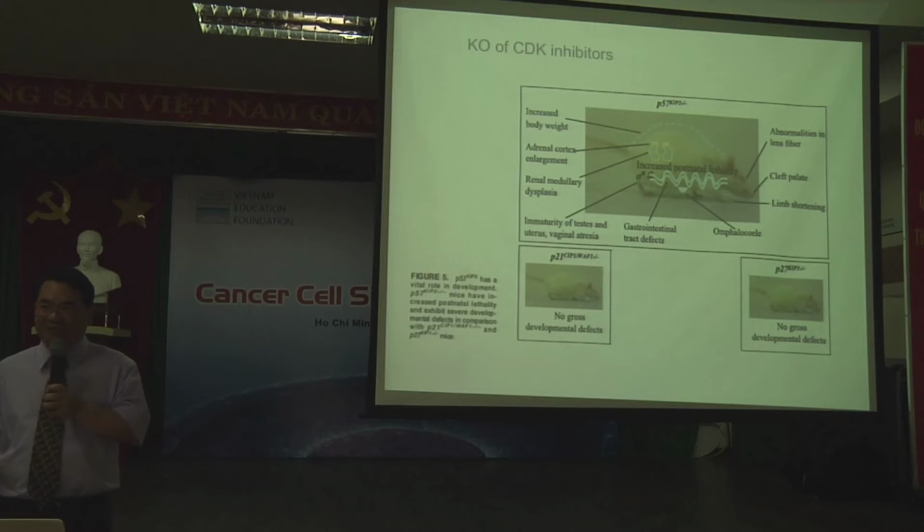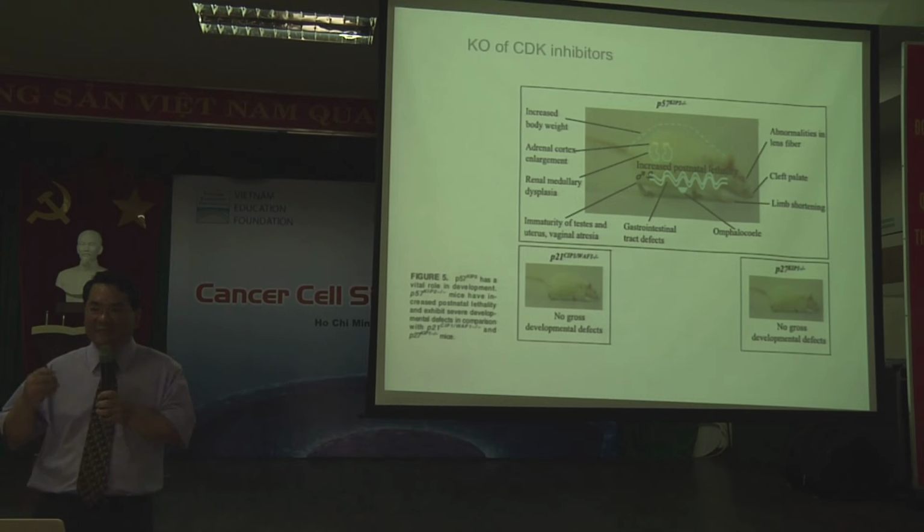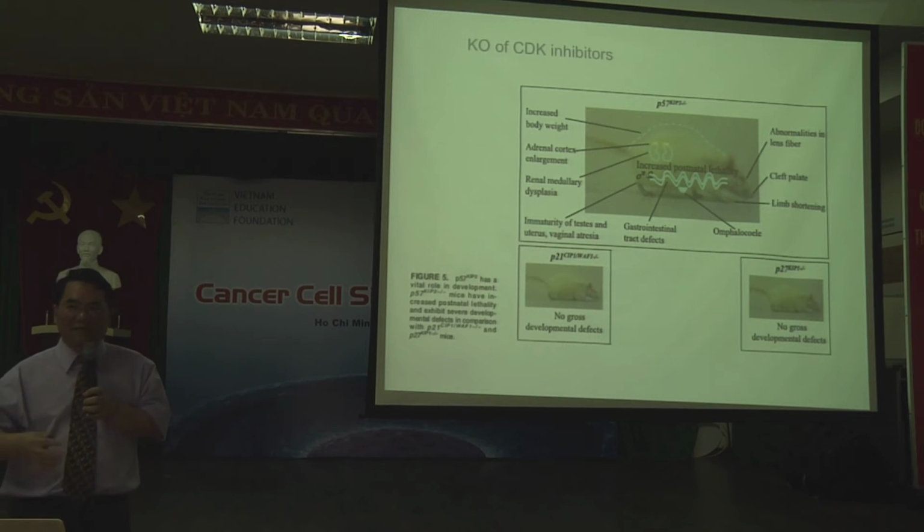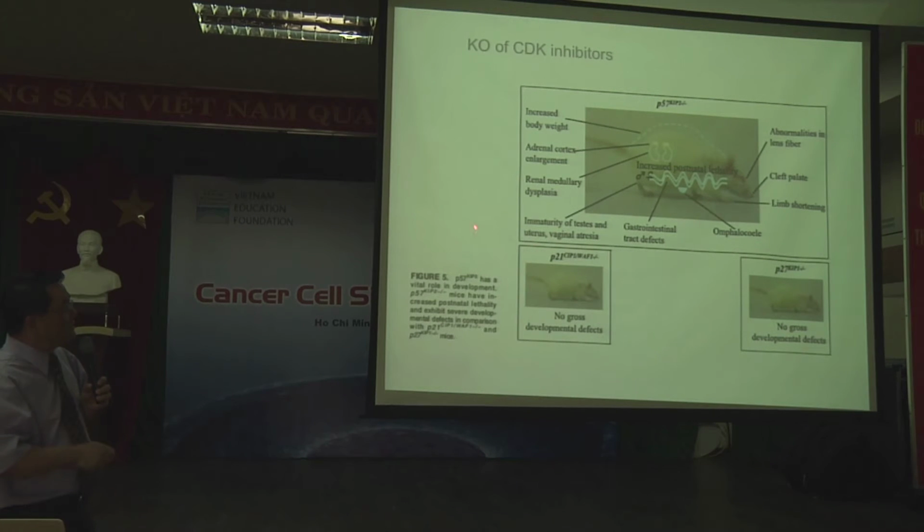Except P57. P57 knockout has so many defects. They have a cleft palate, they have gastrointestinal tract defects, sometimes they do not have the intestine, sometimes they do not have a stomach, once you knock it out. They also have a defect in body weight, adrenal cortex enlargement, renal medulla dysplasia, and eye problems as well.